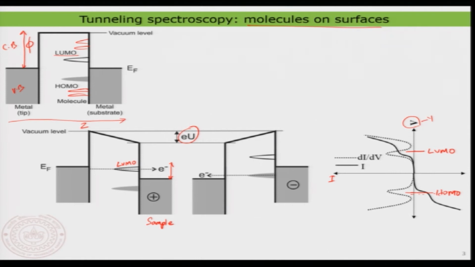I will discuss that in a minute, because what I am showing you here is an ideal situation where the molecule is only weakly interacting. Weak interaction means there is no true electronic coupling between the molecule and the surface. We will come back to that after a few slides.